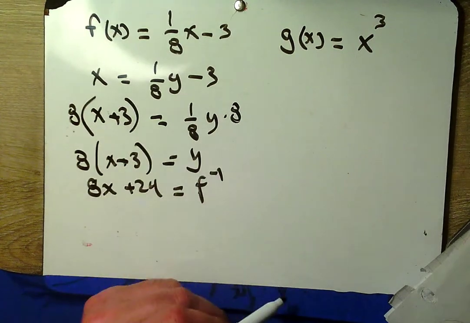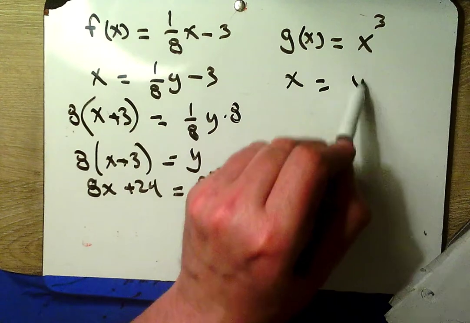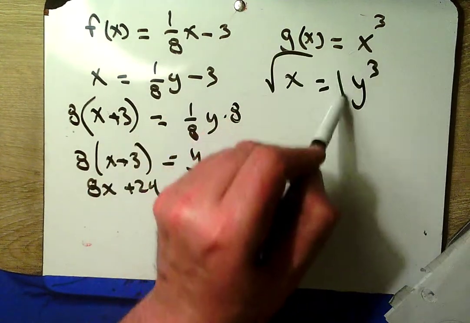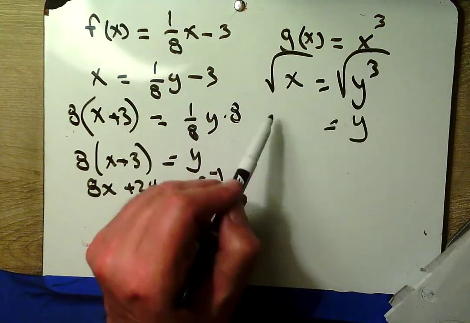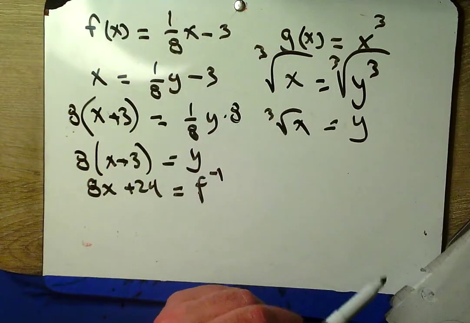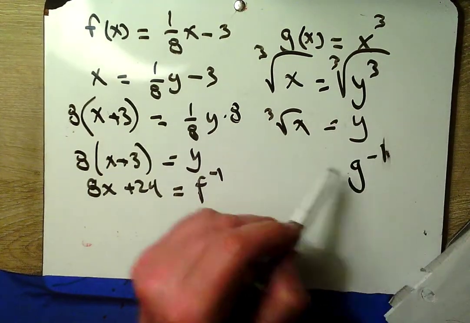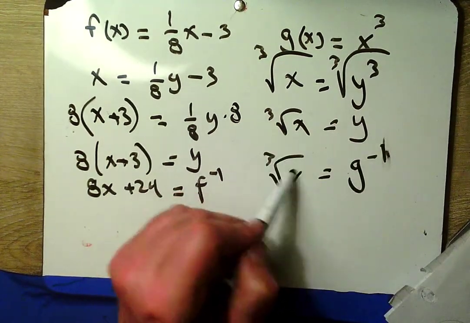There's f inverse. Same thing with g. Switch the x's and y's. X equals y to the third, and solve for y. Y equals cube root of x. This means that g inverse is cube root of x.